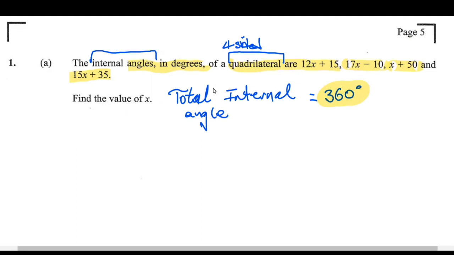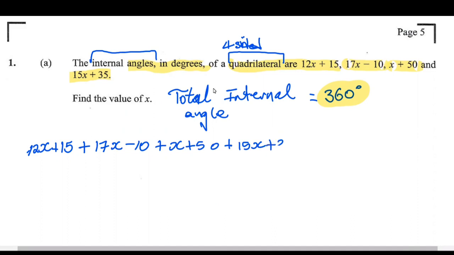So it means that the angles we have, for example 12x plus 15, plus 17x minus 10, plus x plus 50, plus 15x plus 35.